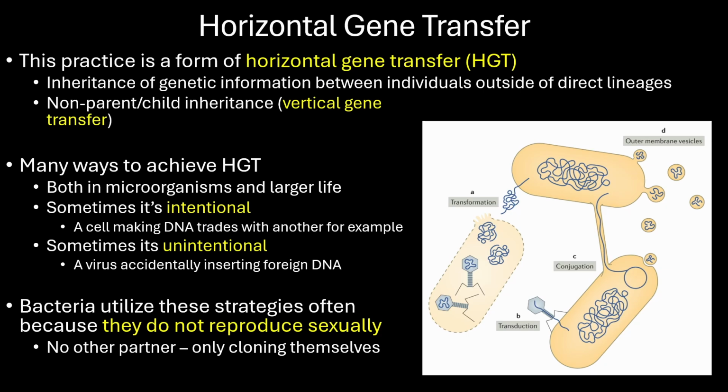Bacteria utilize these strategies pretty often, mainly because they don't reproduce sexually, and so they don't have a partner. They don't really have an easy way of getting new genetic information other than mutation. Mutation is a random change to your DNA, so it could be quite bad.